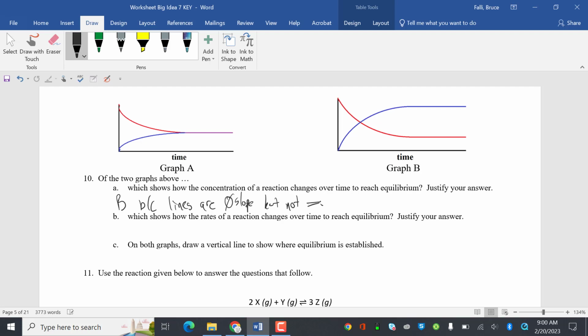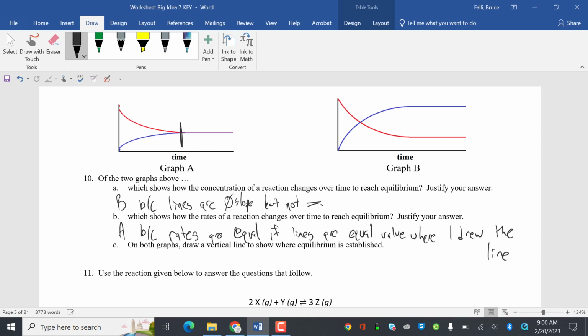Just by your answer, A, because rates are equal if lines are equal value, where I drew the line.